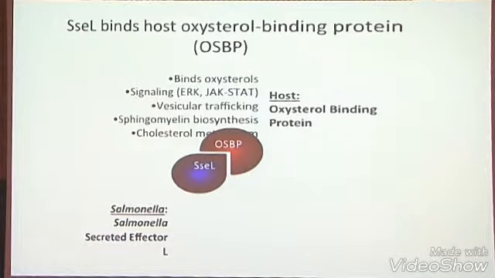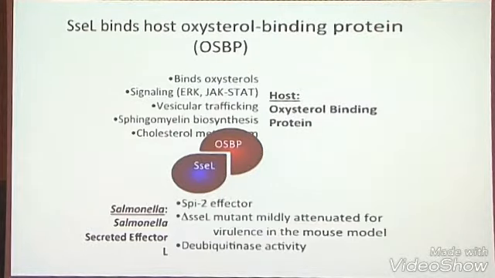It's involved in vesicular trafficking, maybe involving lipids, sphingomyelin synthesis, and cholesterol metabolism, all things that might be involved in lipid droplet formation. In terms of SseL, we knew it was a SPI-2 effector. The mutant was mildly attenuated, and others had shown that it had deubiquitinase activity. Basically, it removes ubiquitin from various things, although what substrate gets deubiquitinated was really not known.